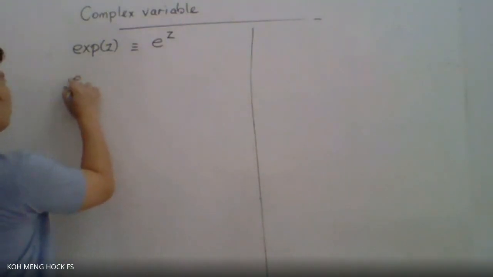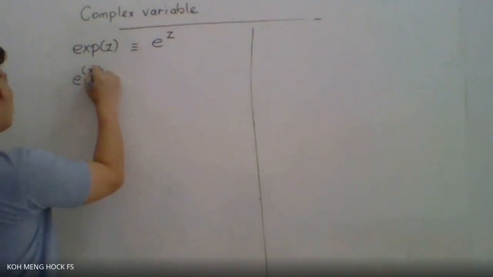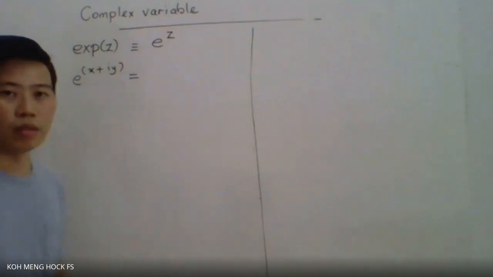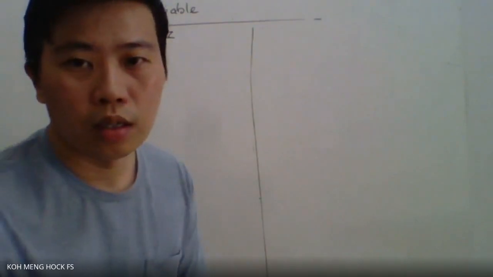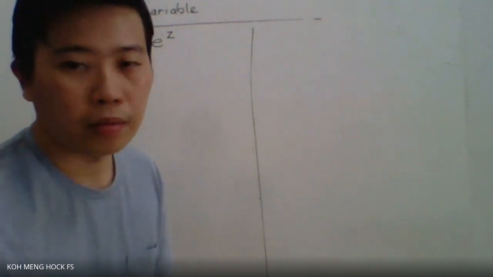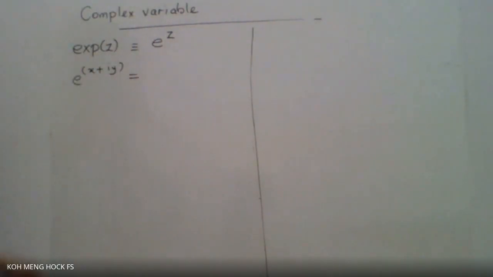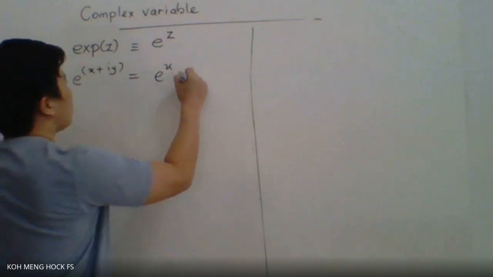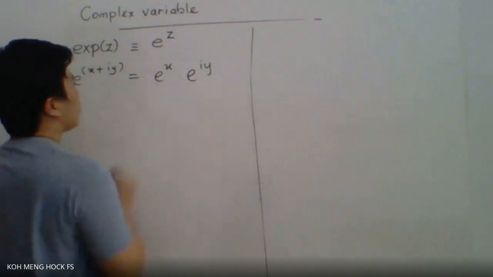Because here now you have e to the x plus i y, right? So now you have to expand z equals x plus i y. So this is equal to exponential x times e to the i y.